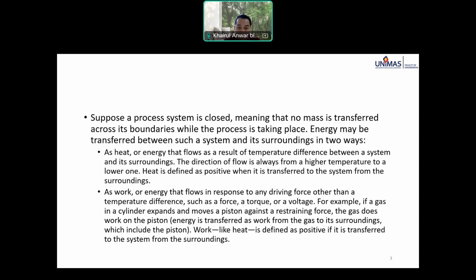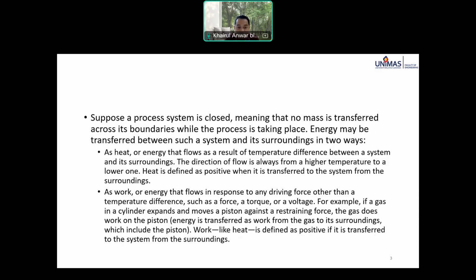Suppose the process system is closed, meaning no mass can enter or go out of the system, but the process is still taking place. Energy can be transferred between such systems in two ways: either as heat or work.